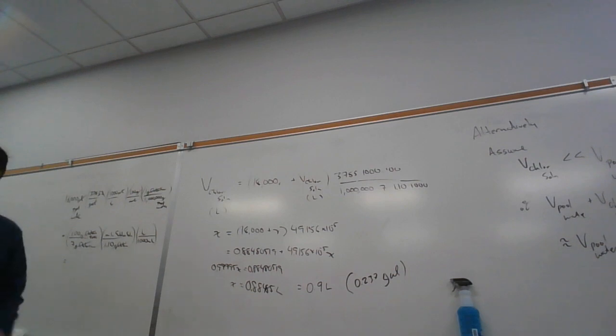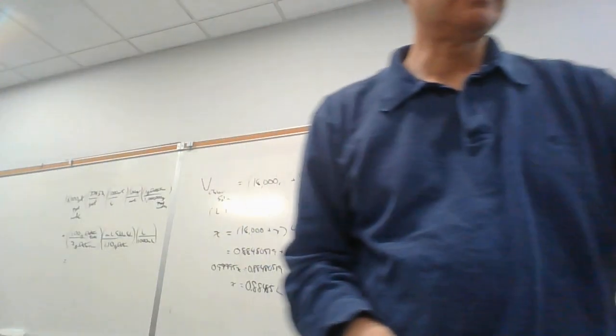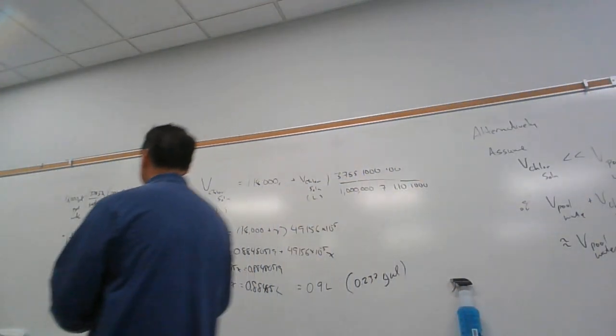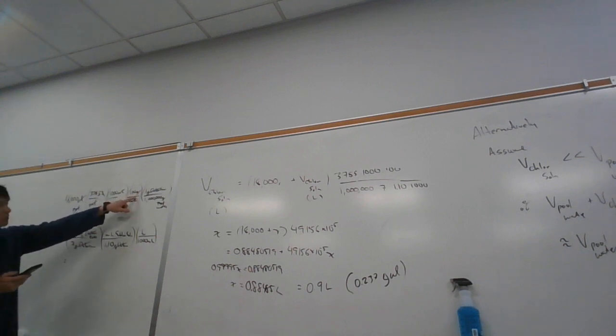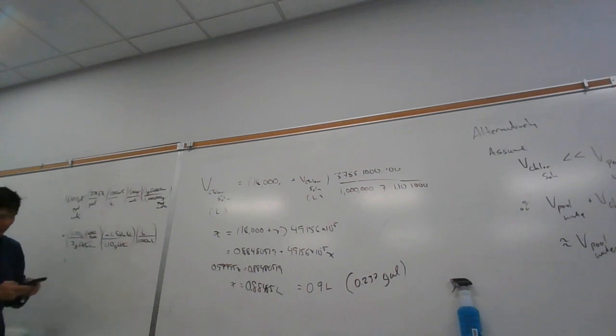So let's see how different our answer would have been had we done the simplifying assumption here. And so we'll take 18,000 times 3.785 times 1,000. Divided by a million.